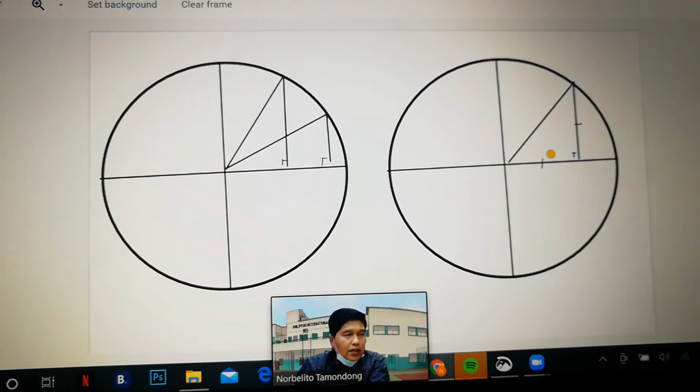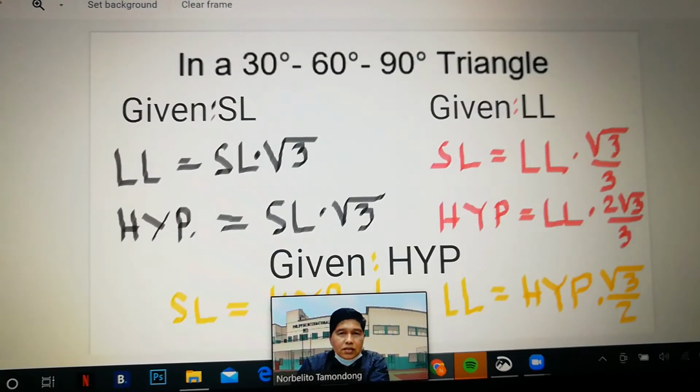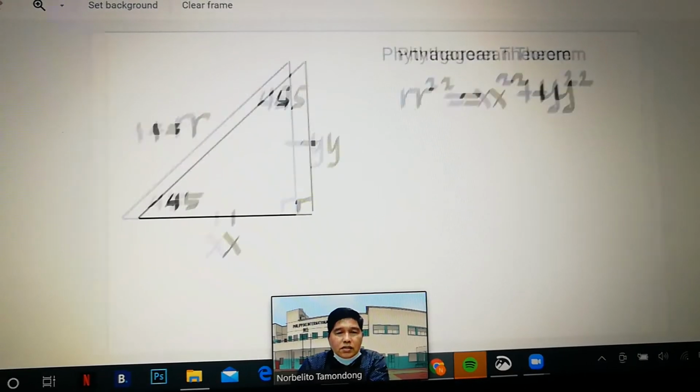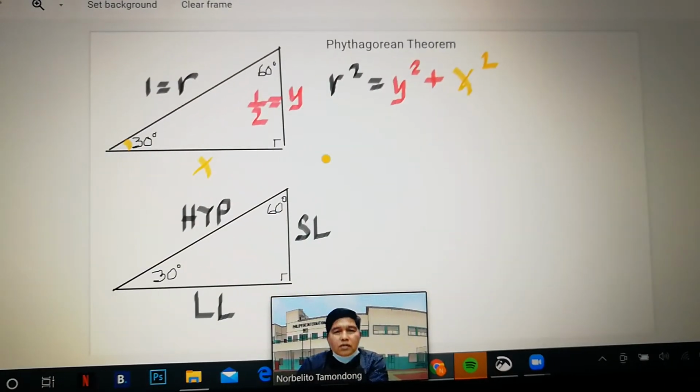So 90 divided by 2 is 45. Now if this is 45 and this is perpendicular to this side, then it follows the other angle is 45. So that is the figure here. Okay.